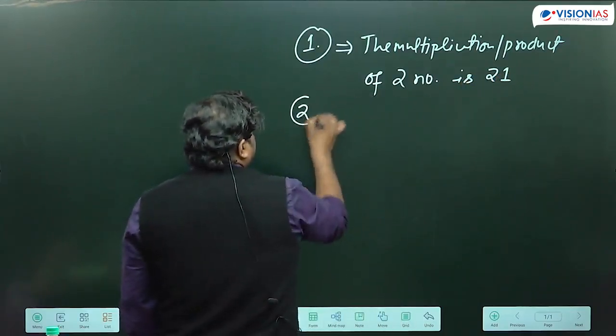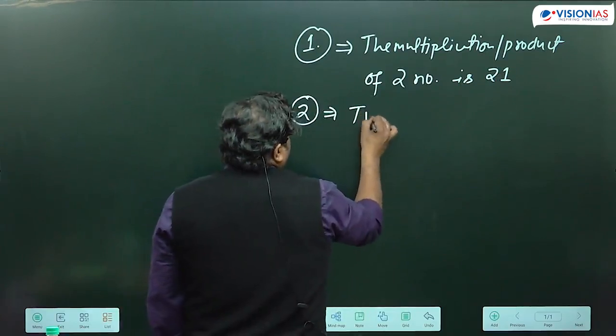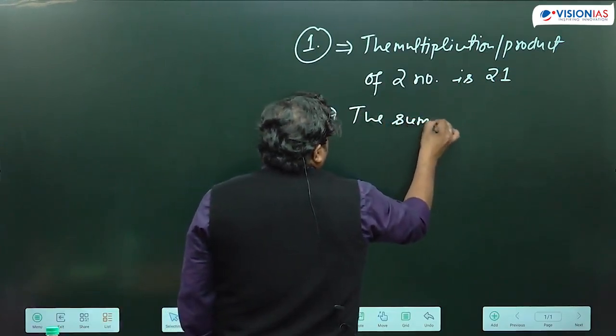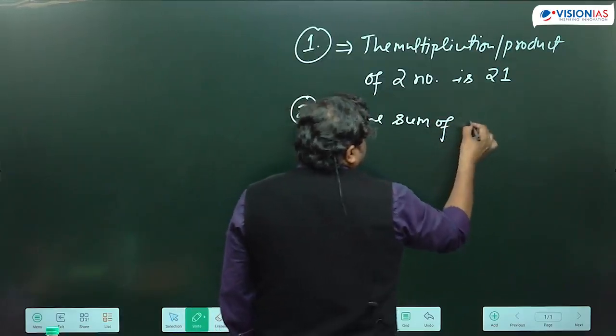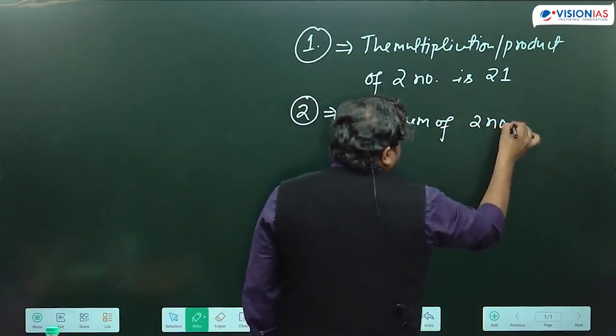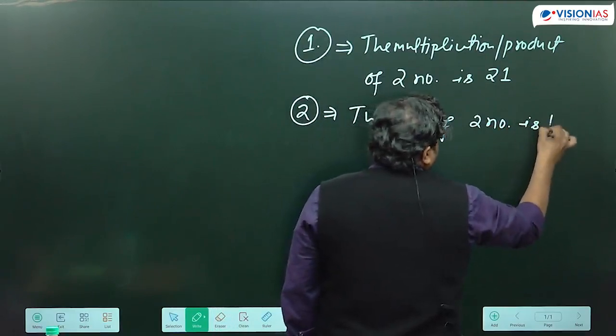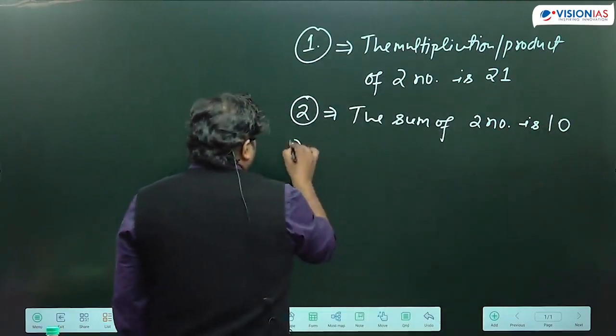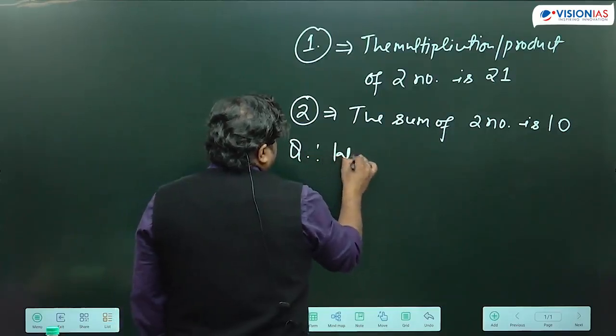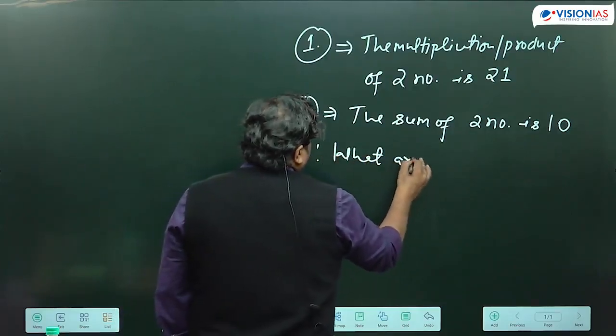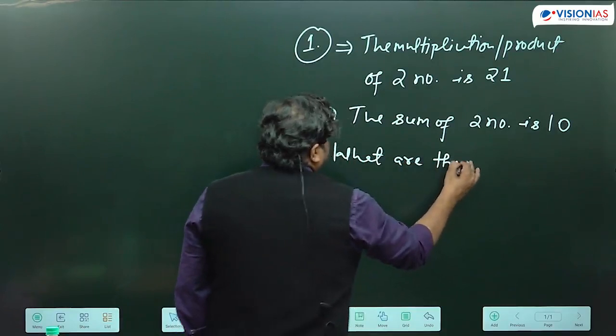Second statement, the sum of these two numbers is 10. The question is, what are these two numbers?